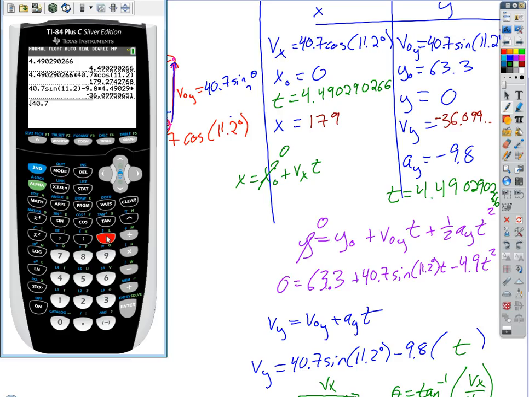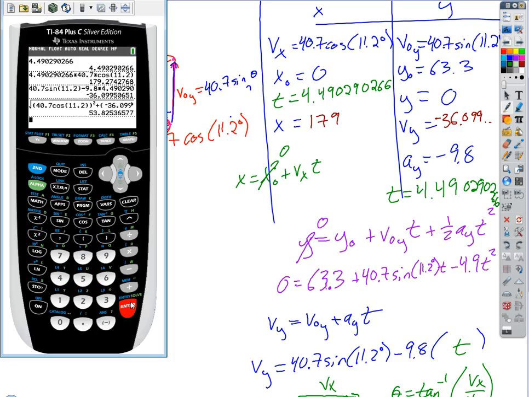So I'm going to add another set of parentheses. I should have done that to begin with. So I've got that whole thing squared. There's v sub x squared plus v sub y, which is negative, that one right there, the negative 36, right? In parentheses, because I'm squaring it, squared.